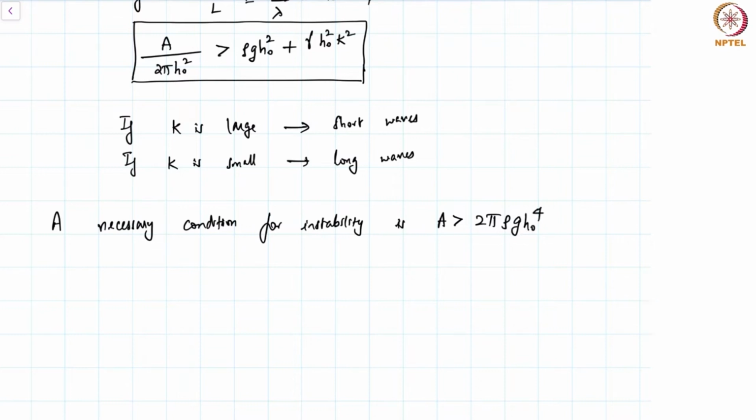This is a necessary condition for instability, and this will be valid. It means that you will definitely find a wave which is larger than a certain size and which will become unstable. Okay.